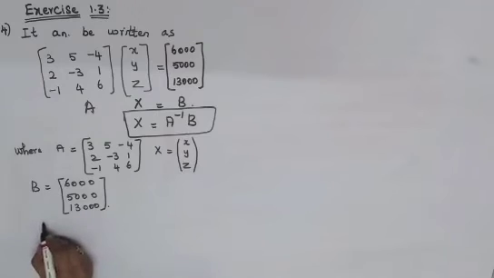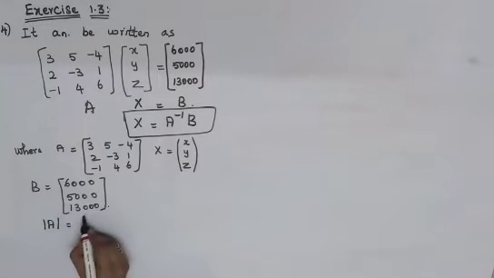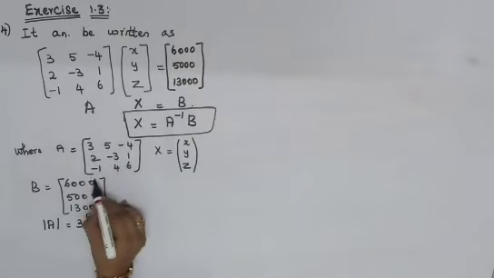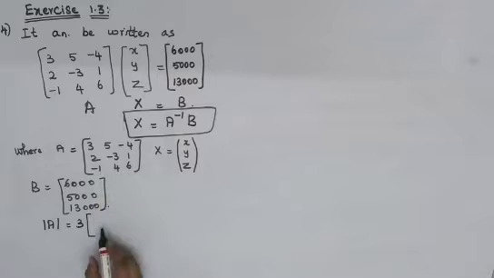Now we'll have to find the determinant of A. So for this matrix you'll have to find the determinant. 3, and the minor of 3 you'll have to find. The minor of 3 is obtained by removing the row and the column, so you have (minus 3, 1, 4, 6).